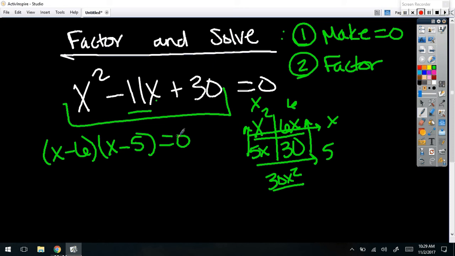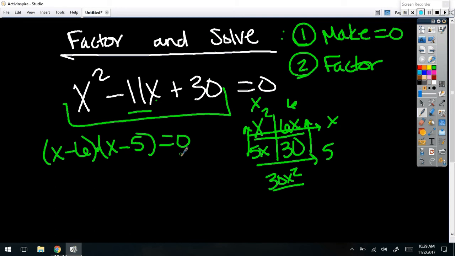Now, nothing new still, right? At this point, I have 2 sets of parentheses that multiply together to give me 0. If 2 things ever multiply to give you 0, what do you know about one of those 2 things? One of them has to equal 0.